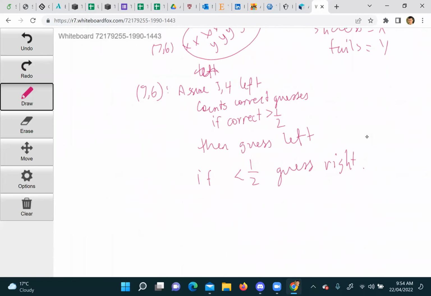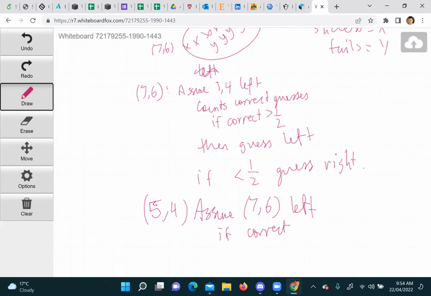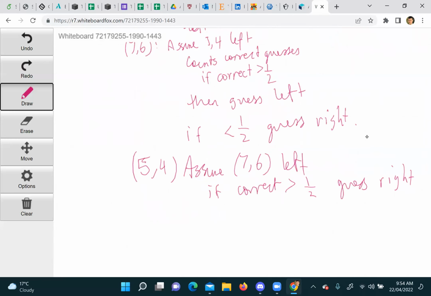Makes sense, right? And then what's the 4-5 strategy then? The opposite. Okay, so assume 7-6 is left. If correct is greater than half, guess right.